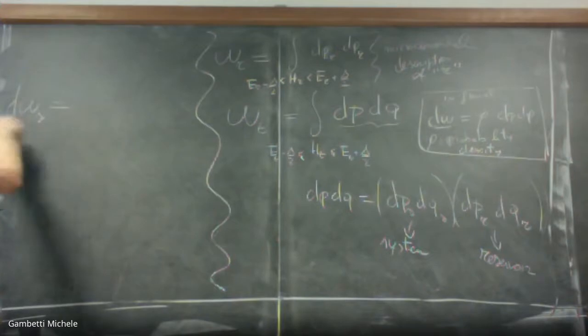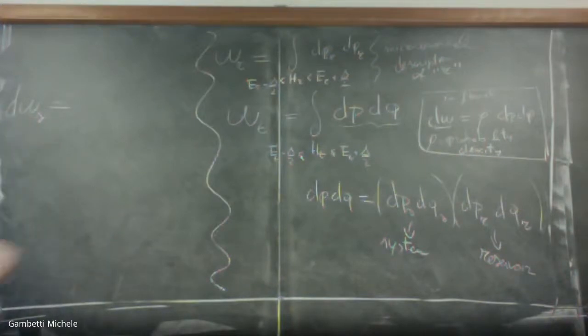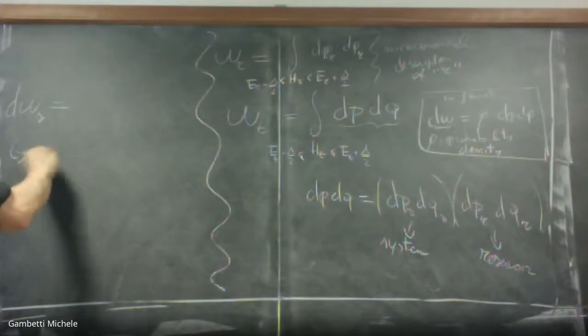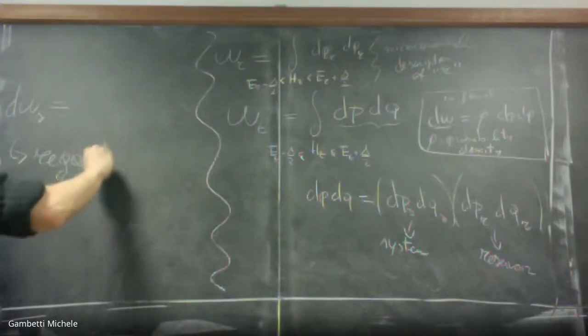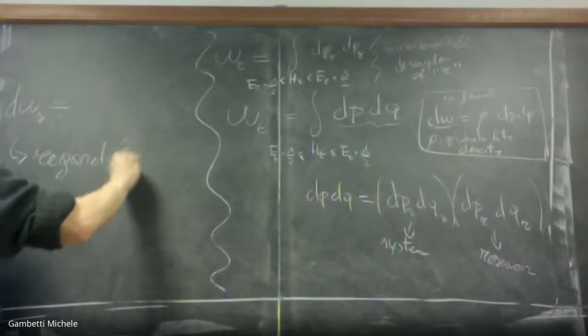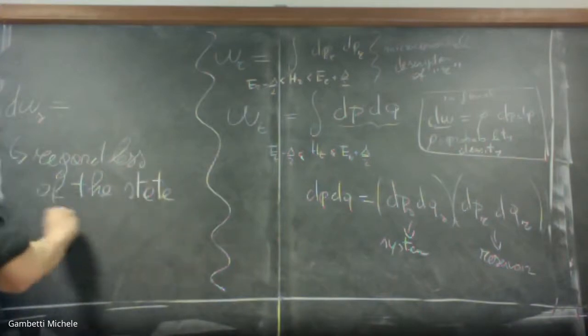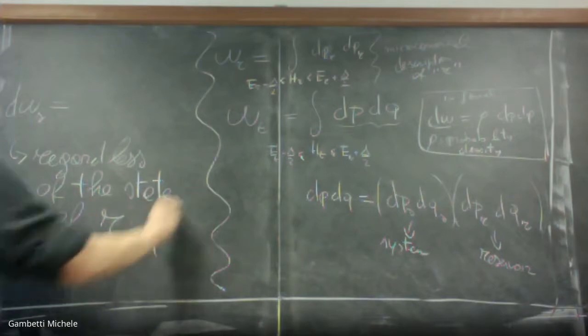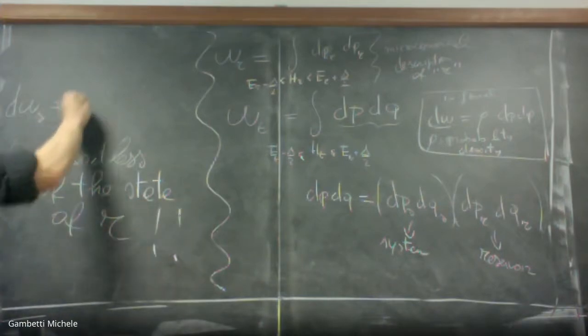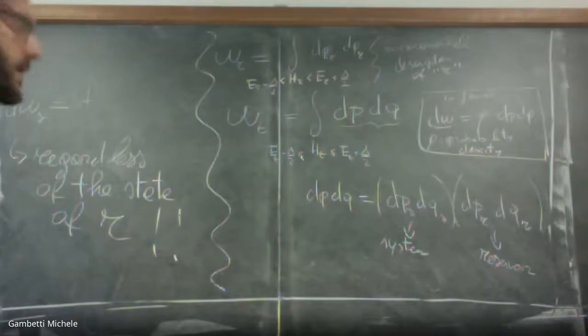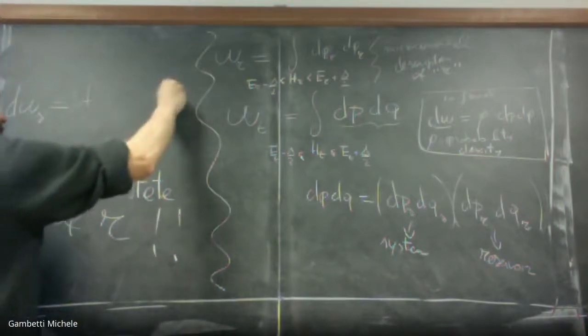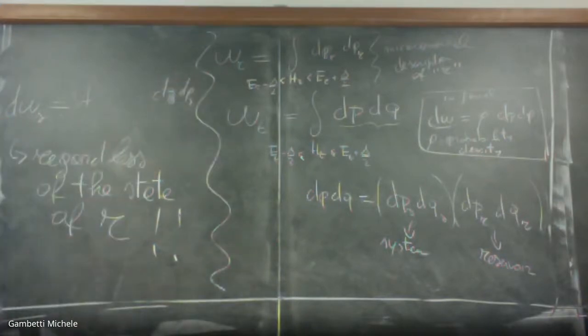I will say that the number of states, or the volume, which is the same but for a normalization, occupied by the system S, regardless of the state of R, and this is the crucial point, will be something like a normalization that I call A, times dp_S dq_S.